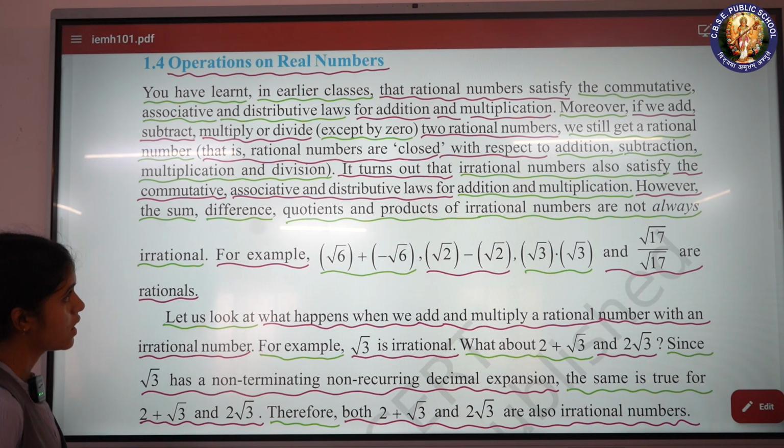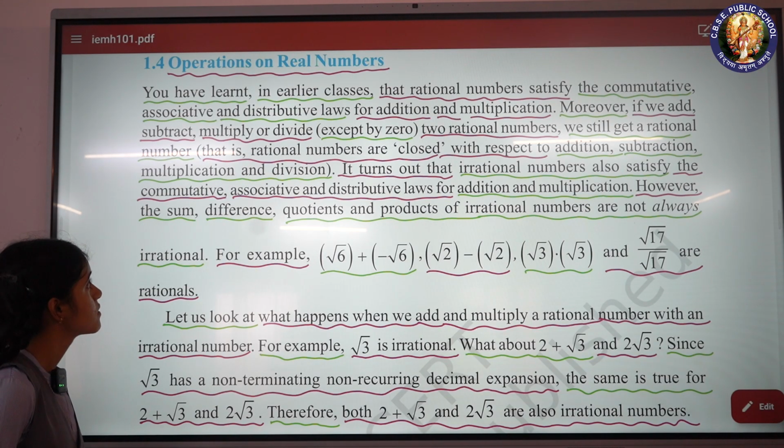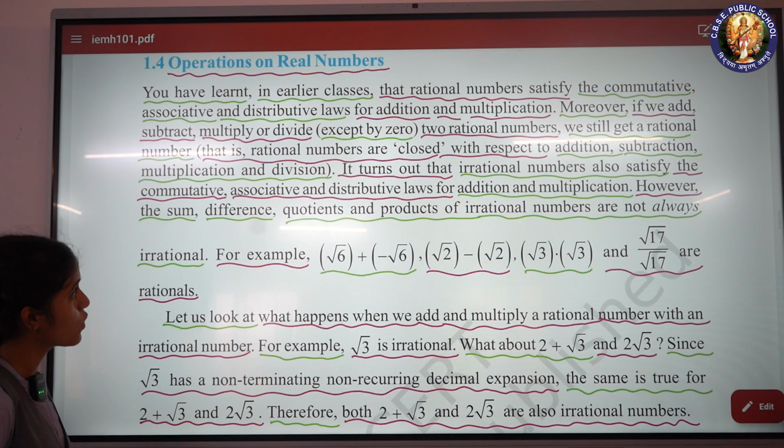Moreover, if we add, subtract, multiply or divide, except by zero, two rational numbers, we still get a rational number. That is, rational numbers are closed with respect to addition, subtraction, multiplication and division.